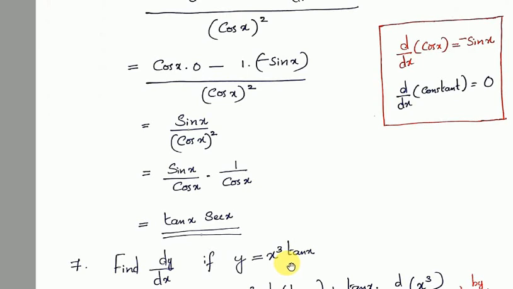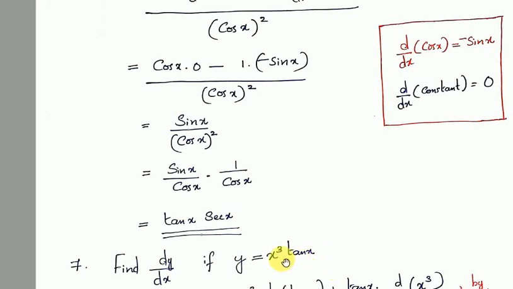That means we have to find its derivative using the product rule, because it is given in the form of a product. In that way we can identify the question. In between there is no plus or minus sign, so we are not able to split it into two functions.